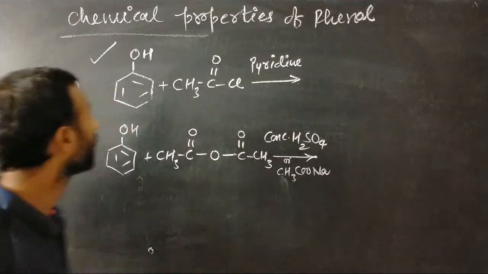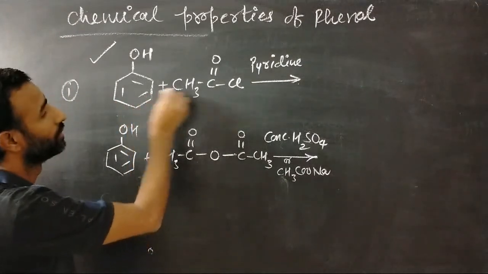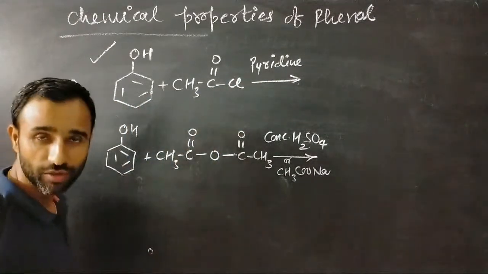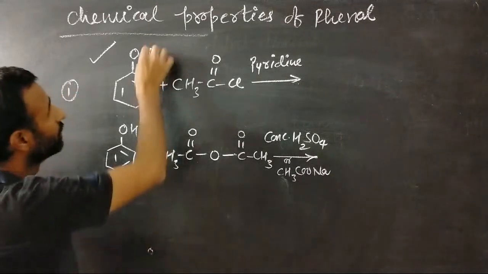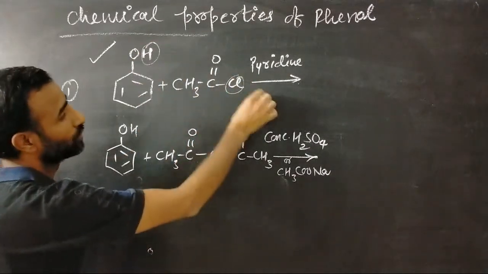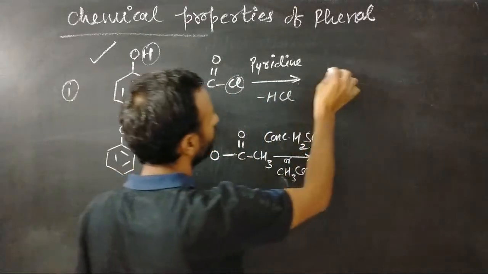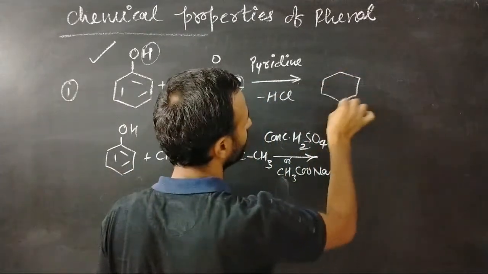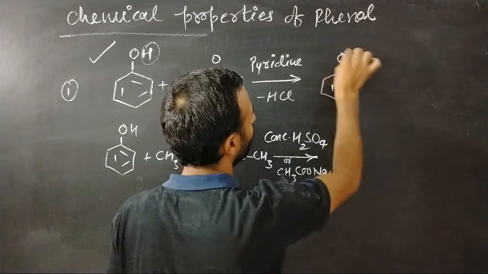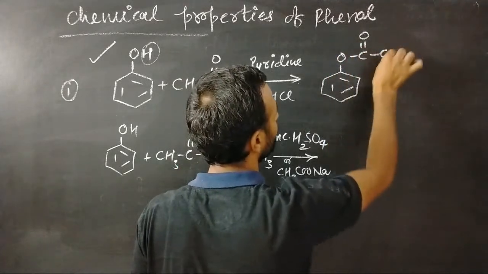When we have alcohol, it should be ester. Formation of ester takes place. HCl is removed, and we get OCOCH3.